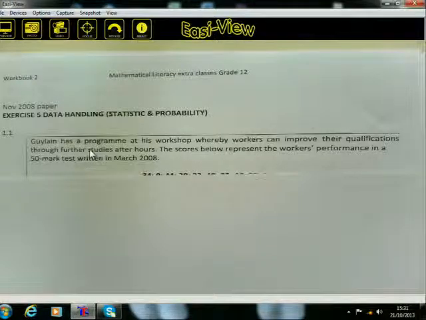It reads: Galen has a program at his workshop whereby workers can improve their qualifications for further studies after hours. The scores below represent workers' performance in a 50-mark test written in March 2008.